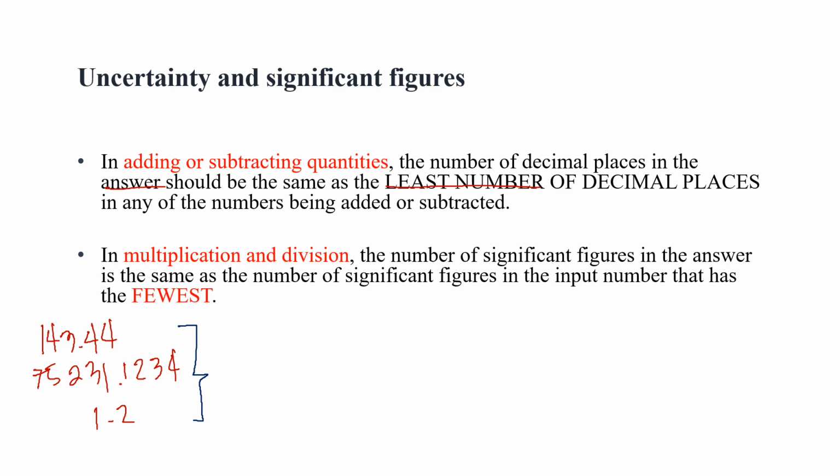So adding these 3, you have 143.44 plus 75,231.1234 plus 1.2.